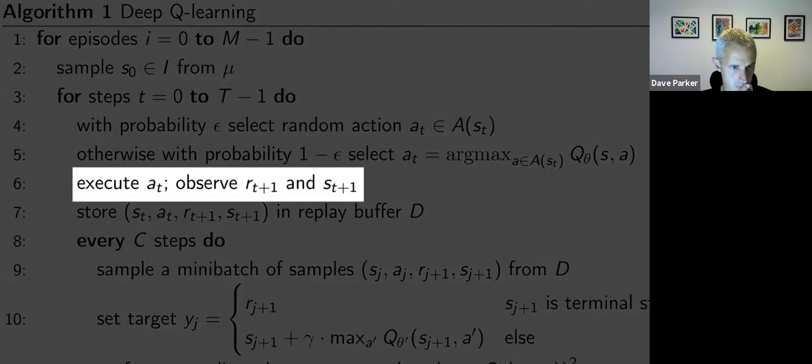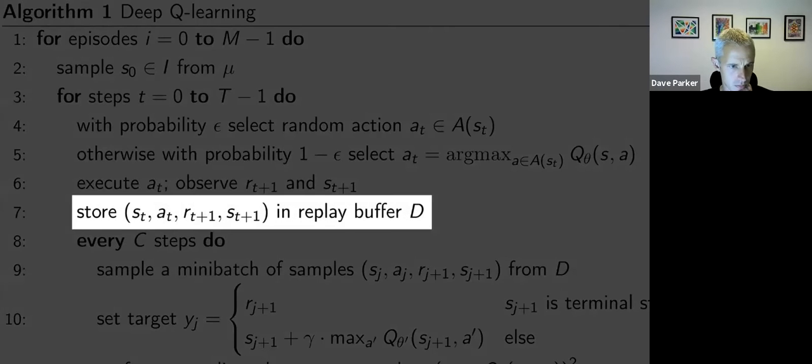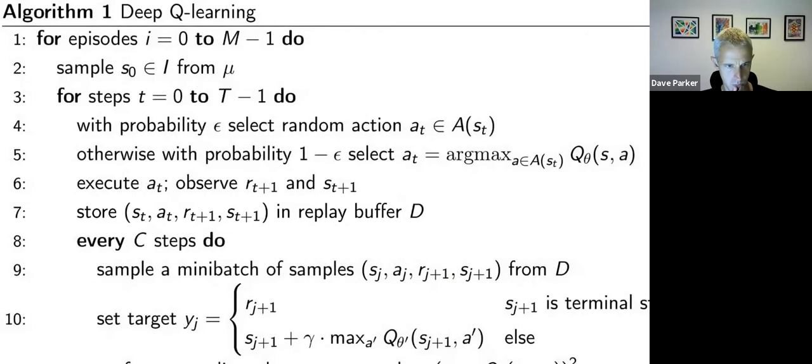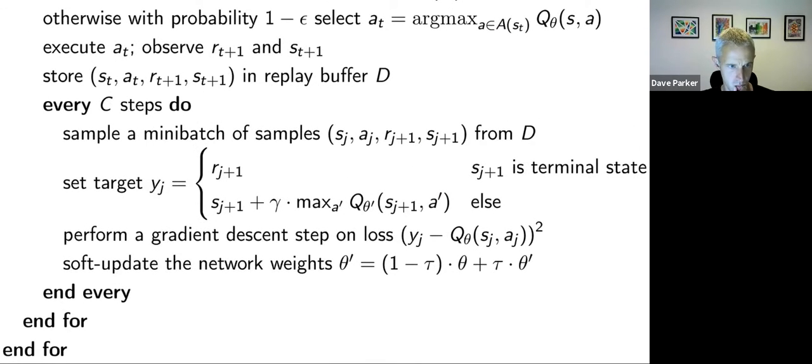We then follow the scheme we just saw. We perform the action and observe the reward and the following state. This observation, state, action, reward, and next state, is then saved in a replay buffer. Every c steps, we sample a mini batch from that buffer and calculate the loss.